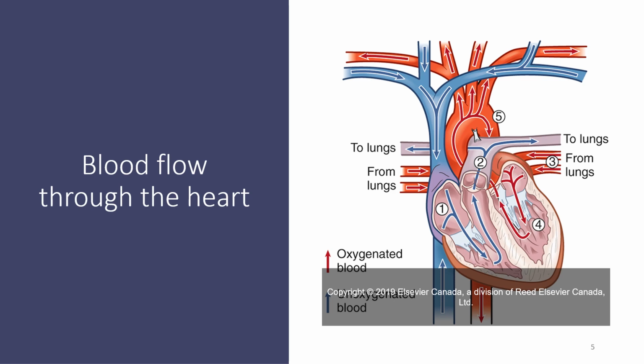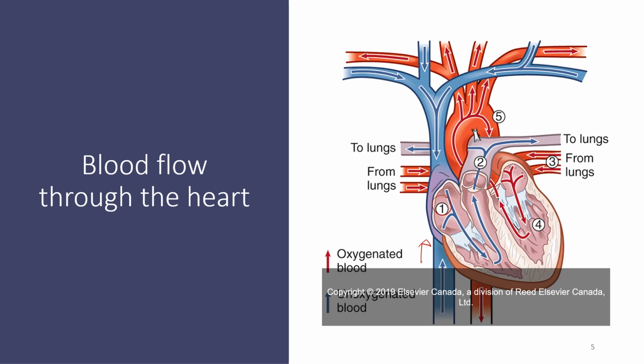This diagram takes a closer look at the heart, zooming in from our previous slide to look at the flow of blood through the heart and walk you through the steps. Here at the bottom, oxygen-poor or deoxygenated blood comes up from the inferior vena cava and comes into the right atrium of the heart, which is number 1.